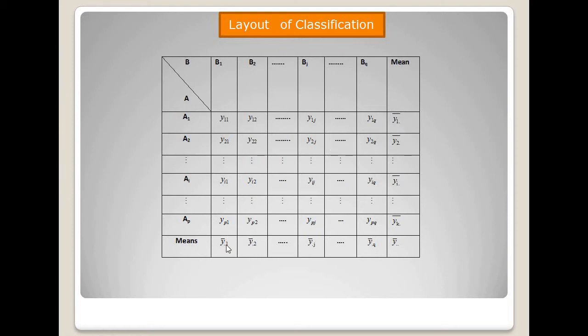Here Y dot 1 bar represents the mean of these observations, that is Y11, Y21, Yi1, YP1. This is the grand mean of these observations. That means mean of this observation is called the grand mean.